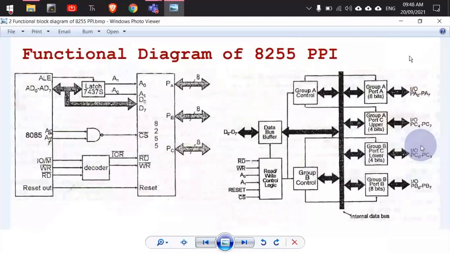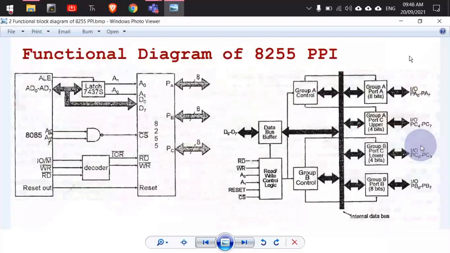So that's what we are saying here, right? In this format, you have got this group A. Whatever is written here is written for group A, right? So group A means you have to have port A as well as upper portion of your port C. Similarly, for group B, you need to have port B as well as the lower portion of your port number C, which is written here, right?